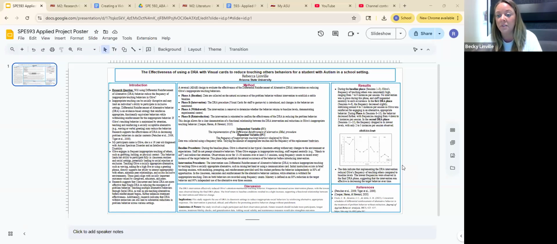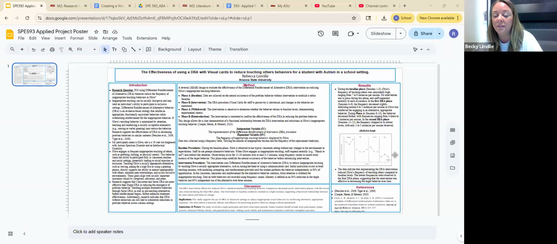And what I saw, as you'll see in the graph over here, is that her baseline started out pretty high, with some engagement in touching others, ranging from 7 to 9 instances per session with no intervention, with staff responding naturally.